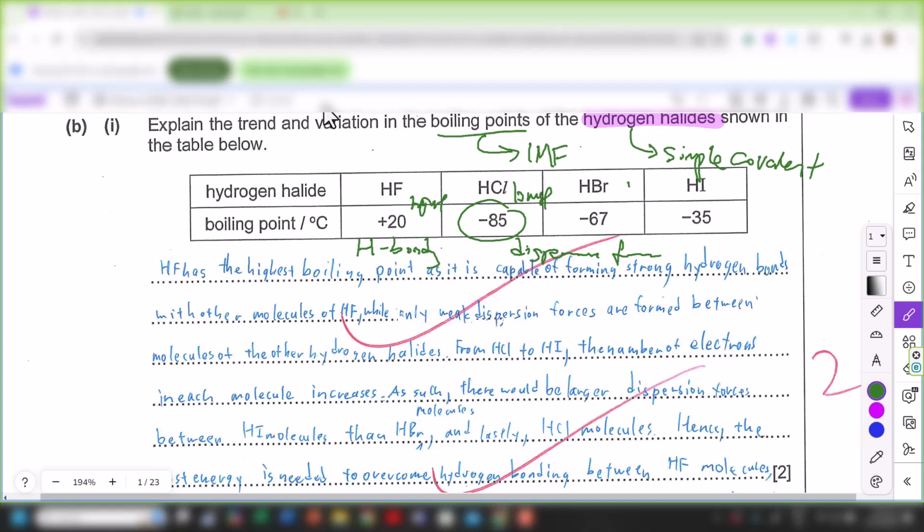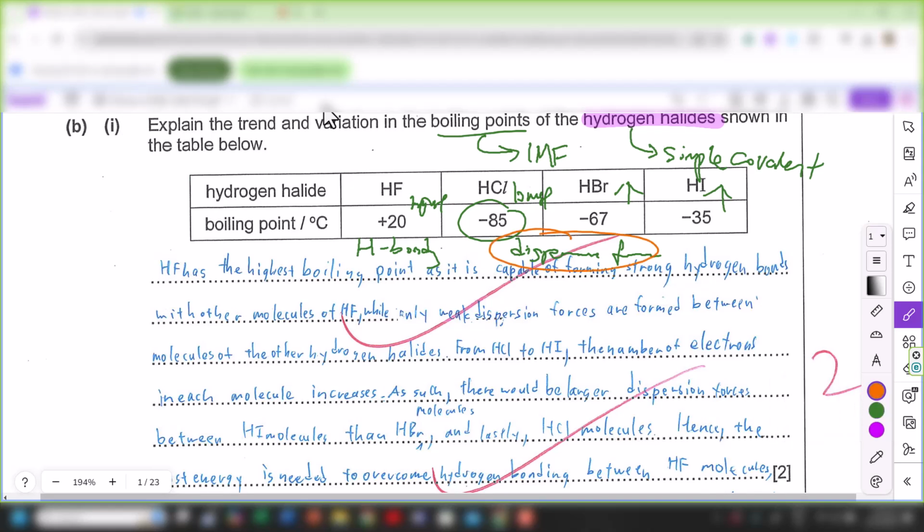Then it increases to HBr, increases to HI. So if you argue based on PDPD, you will not get this trend. So the only way to argue it is to focus on the size and polarizability of the electron cloud. Therefore focusing on dispersion forces.